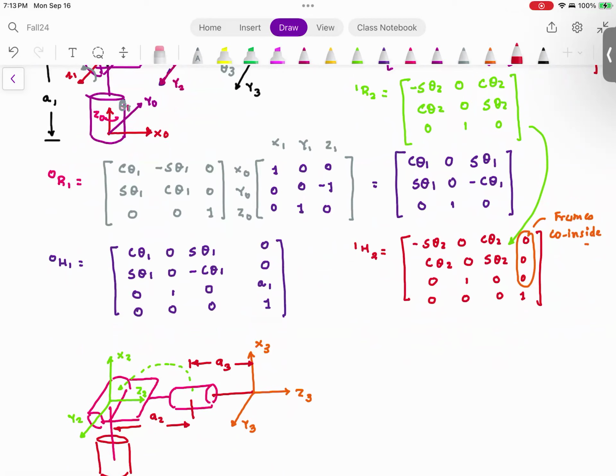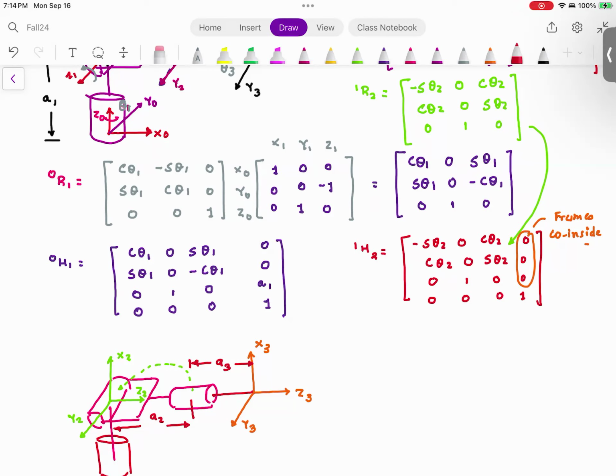So I want you to pay attention. Since we had the rule violation, I translated the frame that was at this location all the way over here. Now for analysis purposes, I'm gonna treat this frame and this frame.